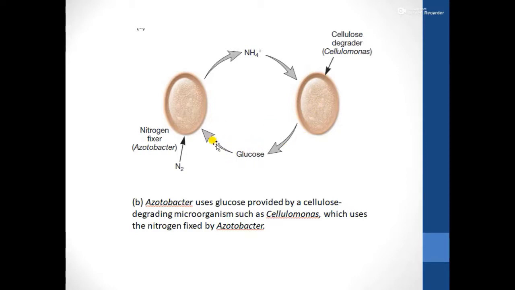This glucose is utilized by the nitrogen fixer Acetobacter, which will in turn fix nitrogen to form ammonium, and that is utilized by Cellulomonas. Here also we have to make sure that the cooperative interaction between these two organisms is not obligatory. That is, even if they are dissociated, they can survive and remain viable, though their functional rate might not be the same as when they are associated. So that's a case of cooperation.